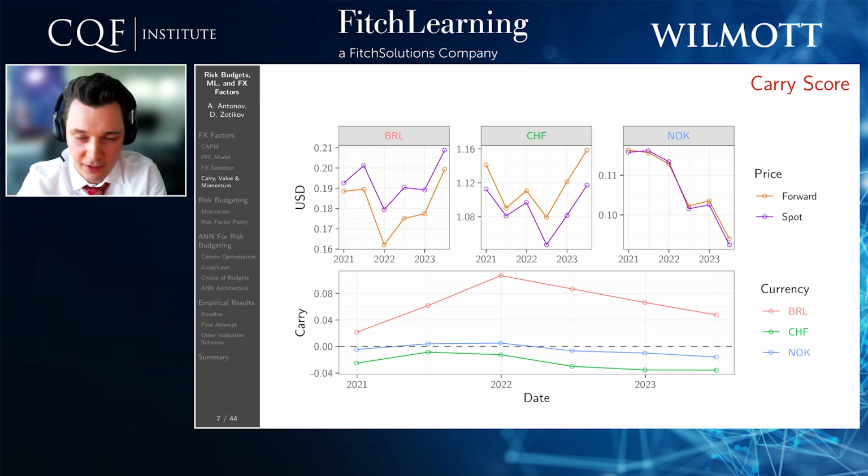And for the Swiss franc, the situation is opposite, which once again in futures terms is sometimes referred to as contango, and for the Norwegian krone, they are almost the same, which translates into almost zero carry. So this is the score of that factor for that particular currency.